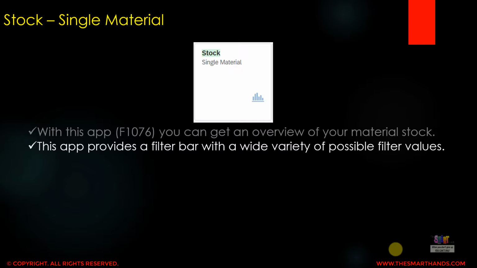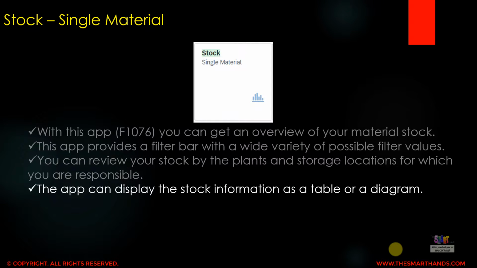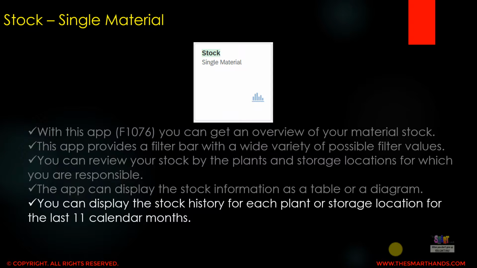This app provides a filter bar with a wide variety of possible filter values. You can review your stock by the plants and storage locations for which you are responsible. The app can display the stock information as a table or also as a diagram. You can display the stock history for each plant or storage location for the last 11 calendar months.